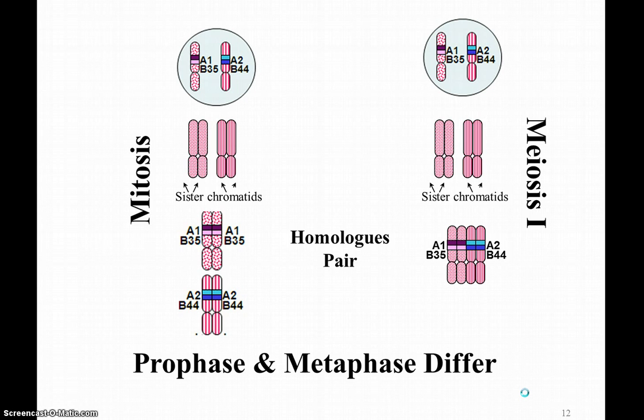In metaphase, when they line up, they do not line up as homologous chromosomes. Remember, these 2 are chromatids. Okay? Here, we have a tetrad because we have our 2 sets of chromosome 6s, or our homologous chromosomes, together.